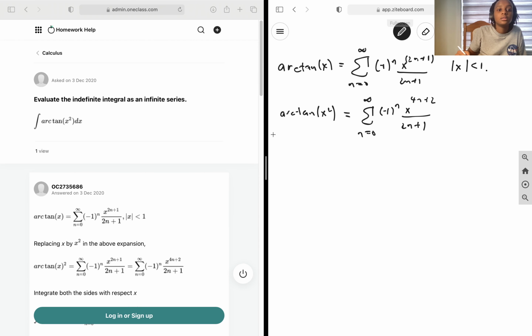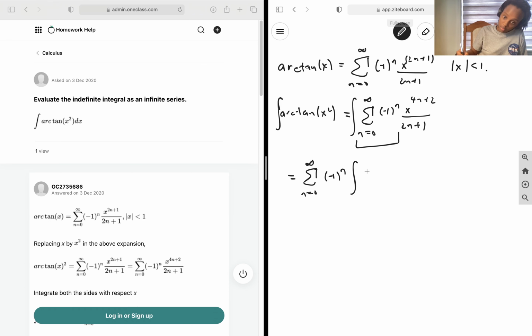And so when we want to find the integral of arctan x squared, the integral of arctan x squared is equal to the integral of this. These terms have no x value, so we're just going to pull them right out, so that it becomes the sum from n equal to 0 to infinity, negative 1 to the power of n, and then the integral of x to the 4n plus 2 over 2n plus 1 dx.